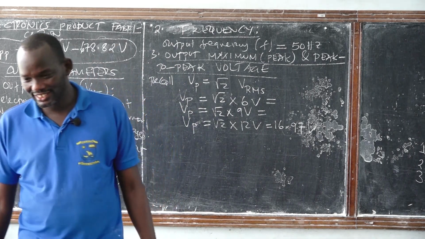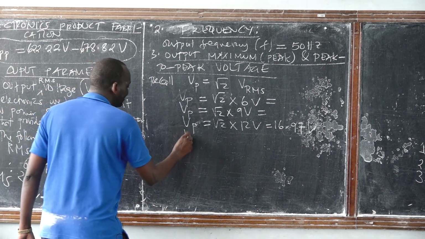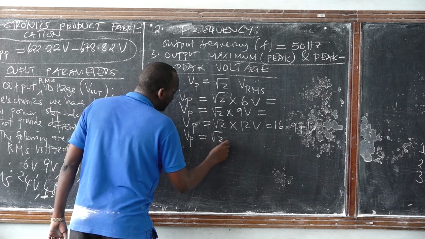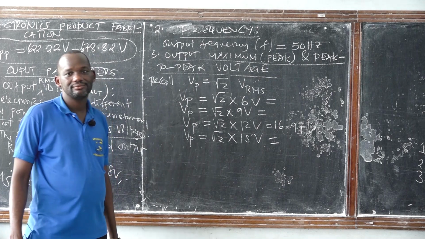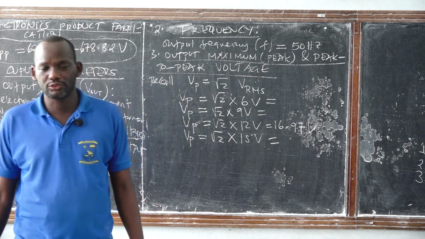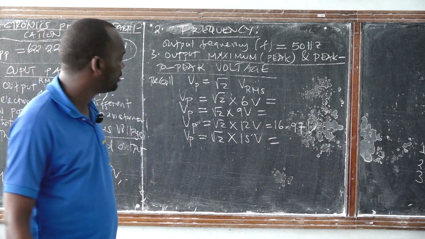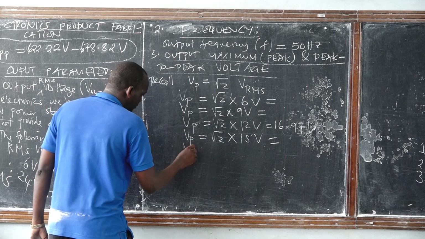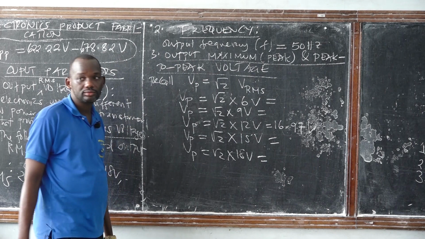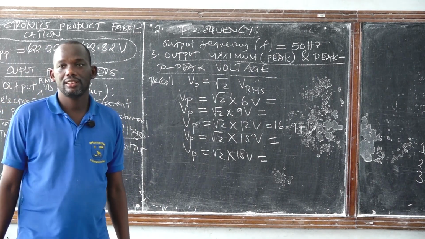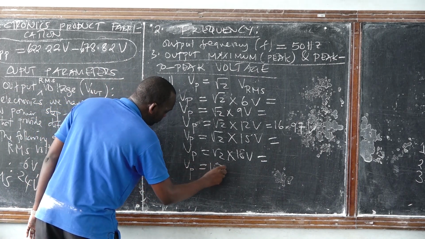So you just used to carry a calculator during the examination time. 15 times square root of 2. Square root of 2 times 18, what is it equal to? VP is equal to square root of 2 times 24 volt.